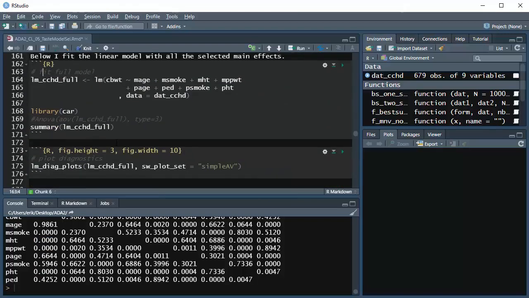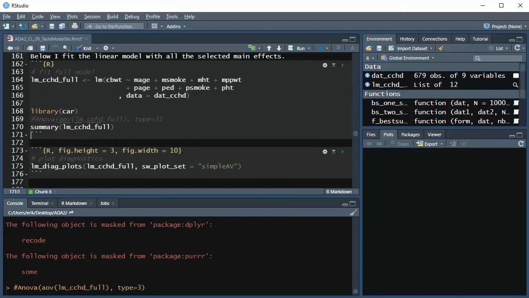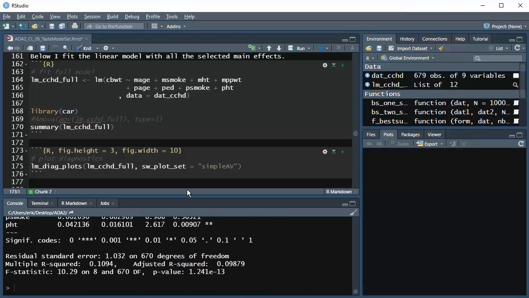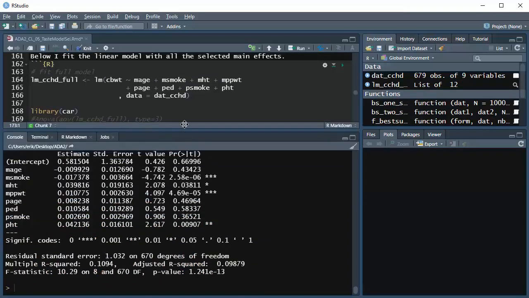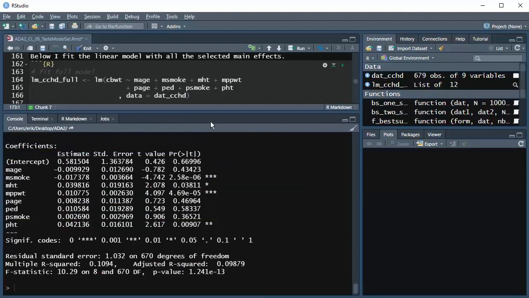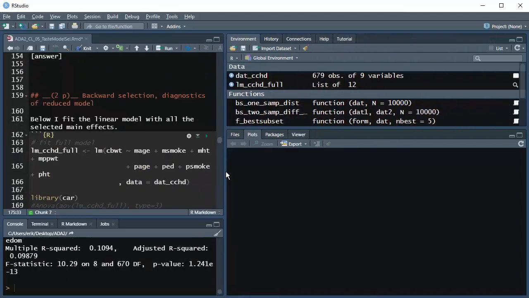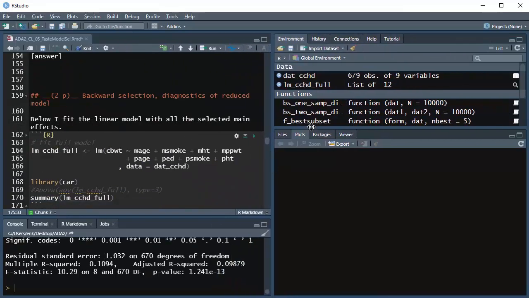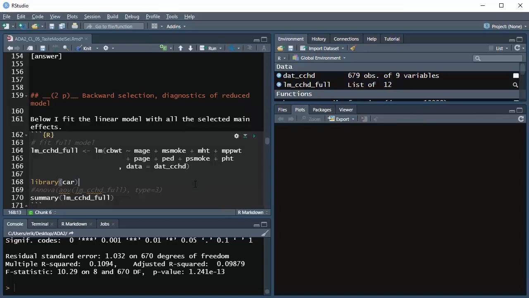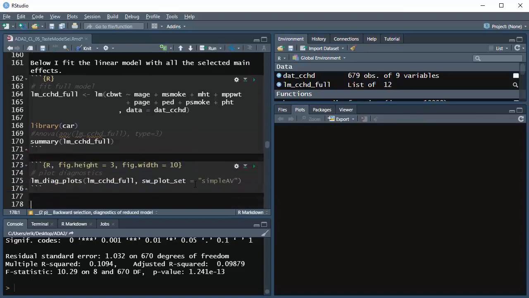Let's fit our full model. And the same variables are significant in our full model as before. Let's look at the diagnostic plots. So here I'm going to make the plot window a little bit bigger so that we can scan through these. I'm going to go a little bit fast here.